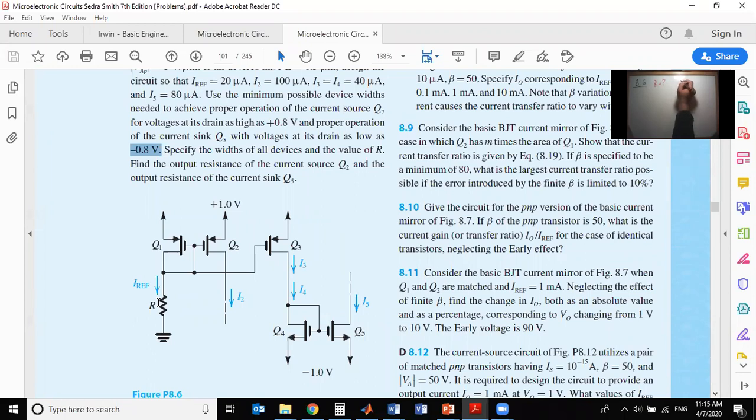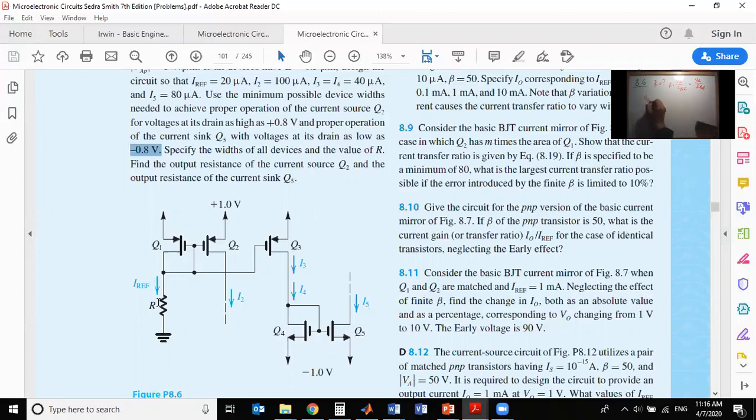So if we know VD, R equals VD over IREF. You agree? And VG and VD are the same. How do we know VD? VD is, by the way, the same as VG, right?